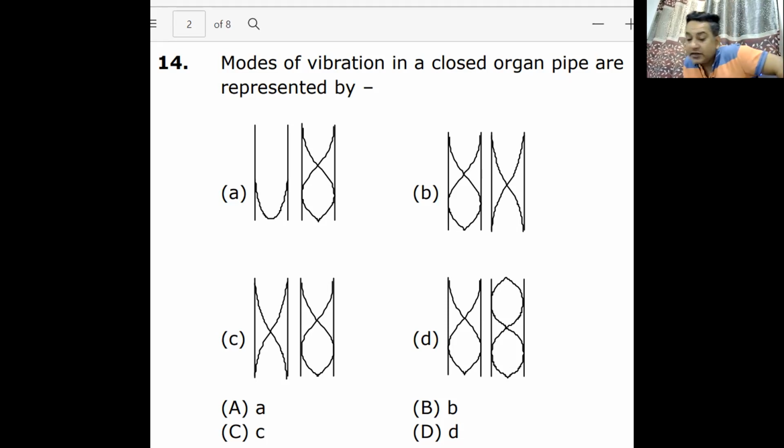Remember, they are not talking about displacement and pressure both. They are only talking about pressure. Closed pipes. Which is the correct diagram for a closed pipe? I think they have drawn the diagram wrongly.